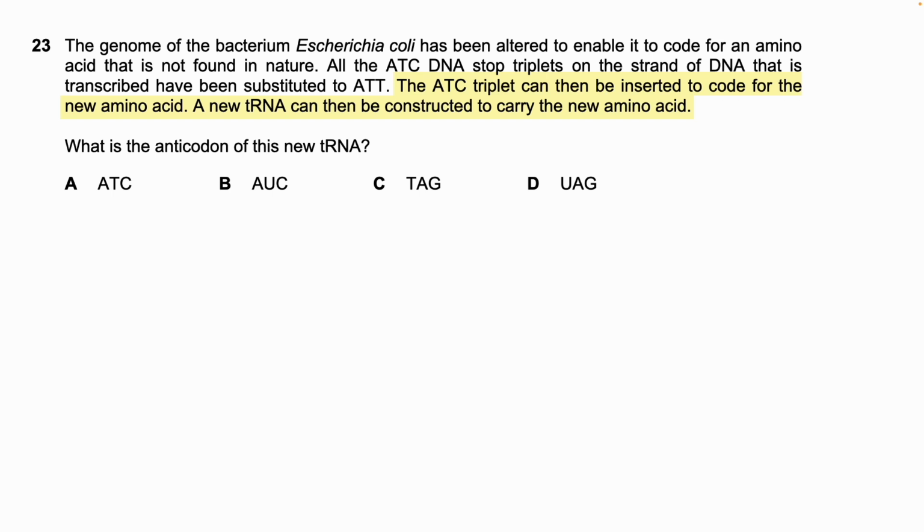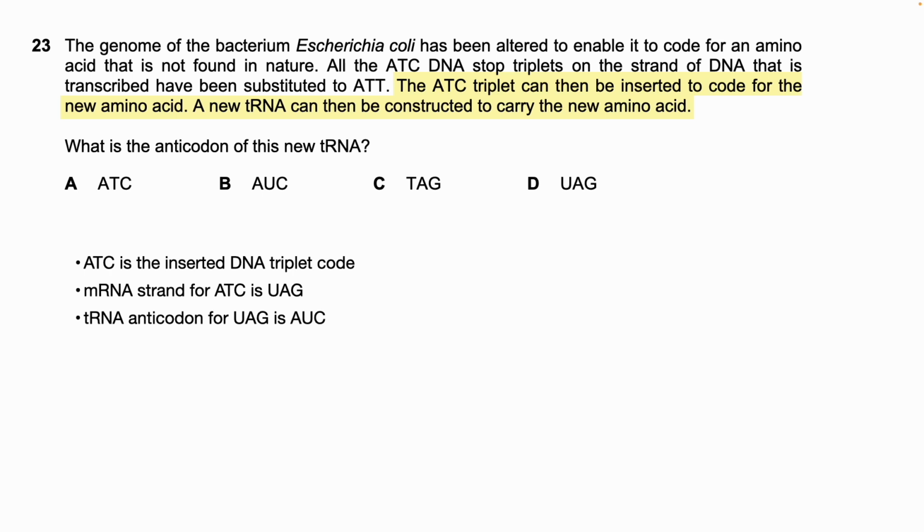The tRNA anticodon will bind with the mRNA, and the mRNA is formed from the DNA template. ATC is the inserted DNA triplet code. So the mRNA strand for ATC is UAG, and the tRNA anticodon for UAG will be AUC.